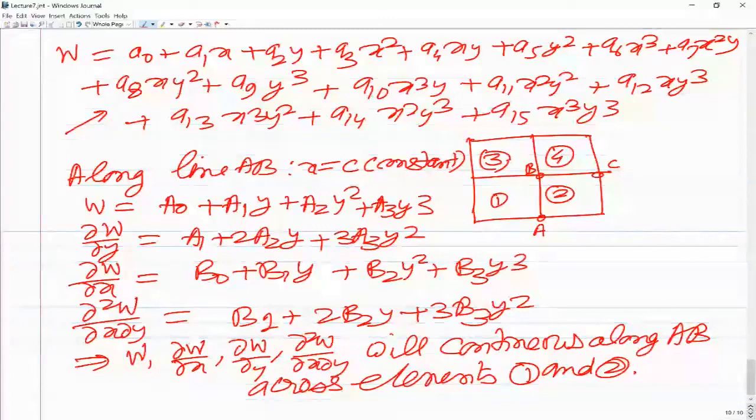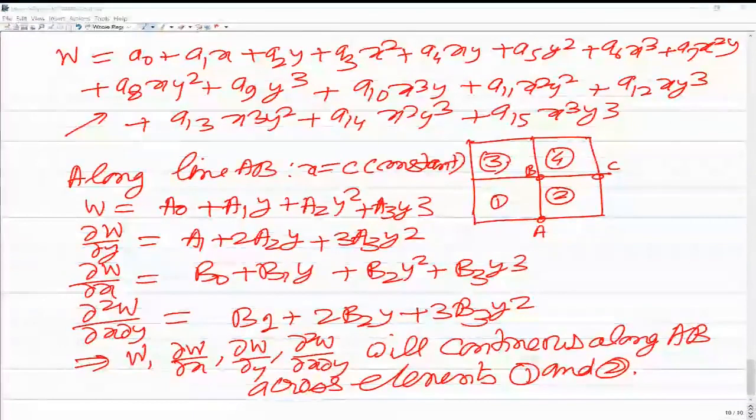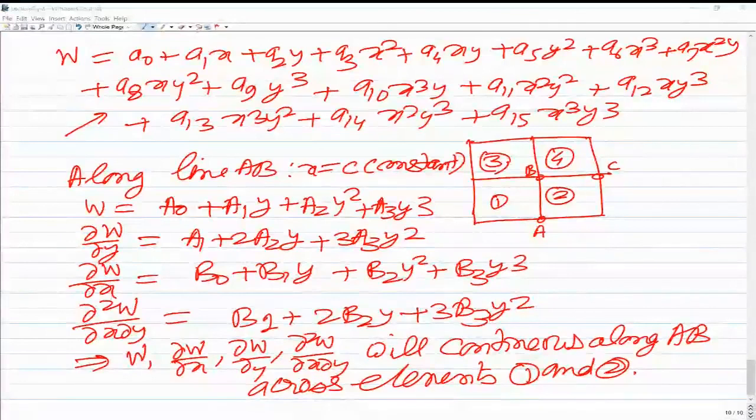Any other question, anybody? Sir, here we have taken del 2 w by del x del y, right? Yes, this is like gamma xy by minus 2z, right? While implementing the boundary condition, how will we know what the gamma is at that point?